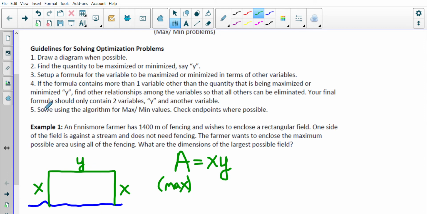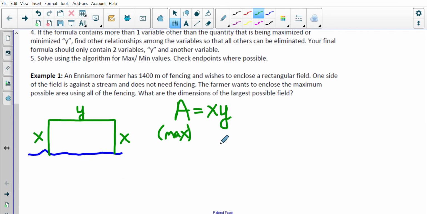If the formula contains more than one variable other than the quantity that is being maximized or minimized, we need to find other relationships among those variables so that all others can be eliminated. Your final formula should contain only 2 variables, the area in this case, and another variable. So we do have too many variables.